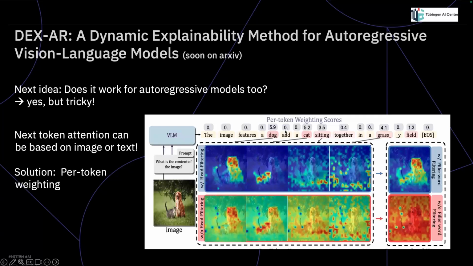You have to figure out for each token that you generate how much of the token score, or how much attention, is grounded in the image versus in the prompt or the previously generated text. Once you have that, you can use the score to filter heads and words to decide which tokens are really coming from the image and which are just based on language statistics.